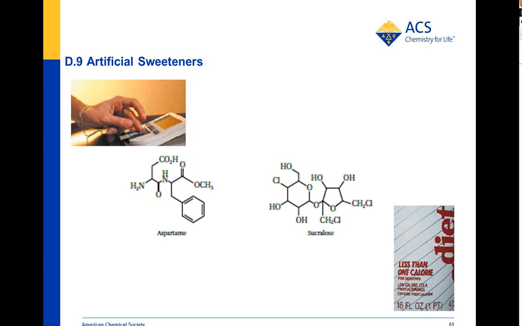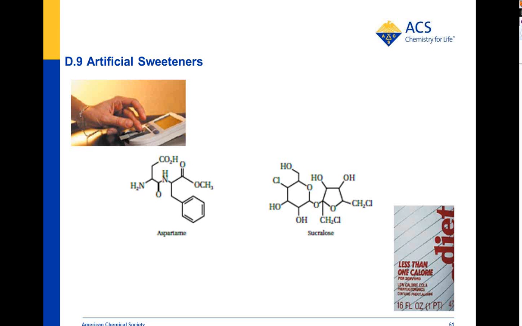If they take a look at the two, they'll see that there are a lot of OH groups on both of them, and that's one of the things that early chemists looked at: how are these structures similar? And when they find something that's kind of similar, that's a possibility for a substitute.